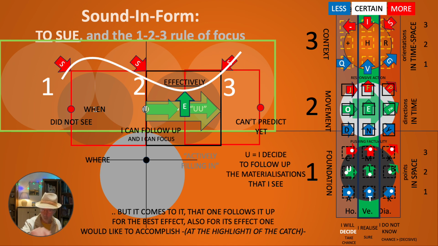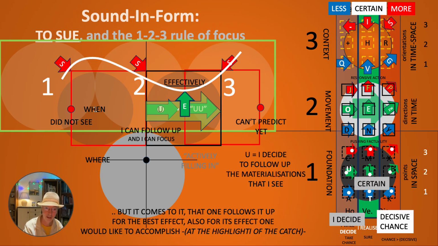So when we follow our prey up from space to time, we also take care that we have a highlight of effect of what we want, of course, as well. And that is the difference between just to hunt something, or to try to catch something, try to get something. And here, something that starts from S, we follow the effect first.